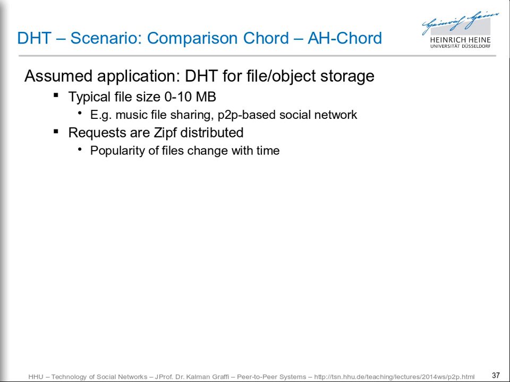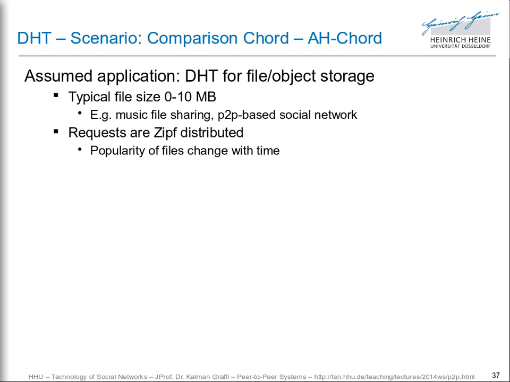Here we want to assume a usual use case for Chord, a DHT for file object storage with a typical file size of 0 to 10 megabytes. For example, this could be file sharing or peer-to-peer based social networks.